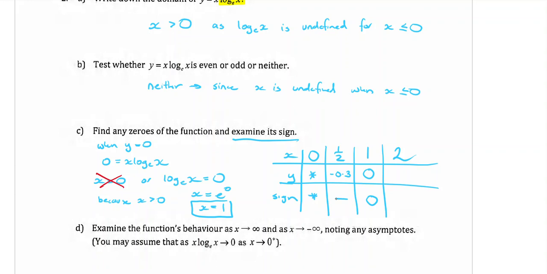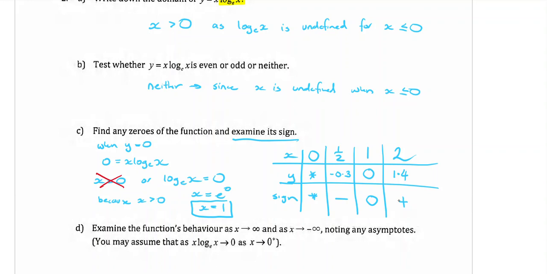Type in 2 log e of 2. I got 1.4. All we need to know there is that it's positive. So negative, 0, positive: it's negative on the left side of the turning point, coming up, and positive on the other side.